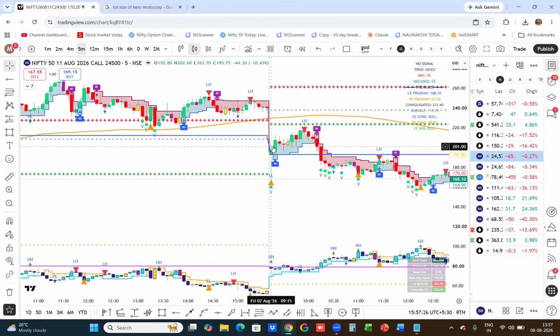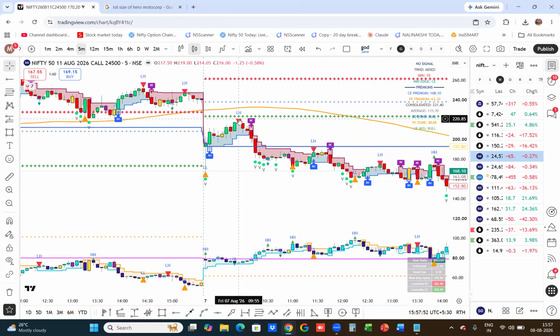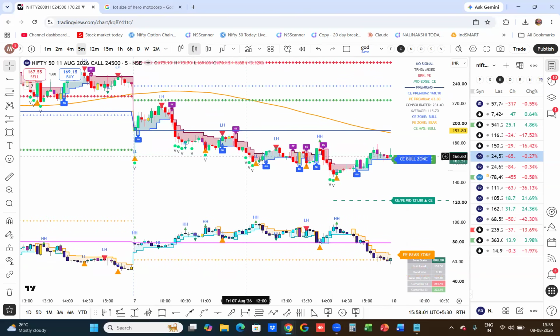It started from 173 and moved to the S3, the S3 from where it had broken down. So this is the resistance area. You could have booked your profits. And you know that it is a bearish area. Then a writer could have sold this call option around 220, getting a fatty premium, and it started moving down, and the writer could have made minimum 60 to 80 points.